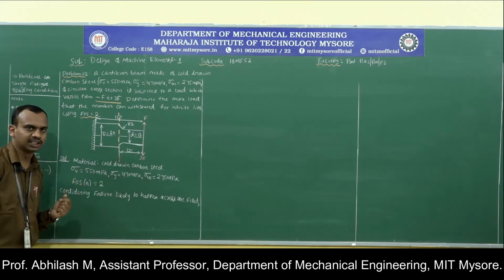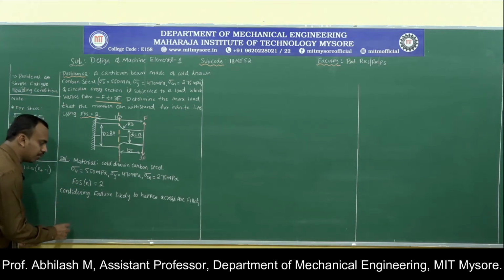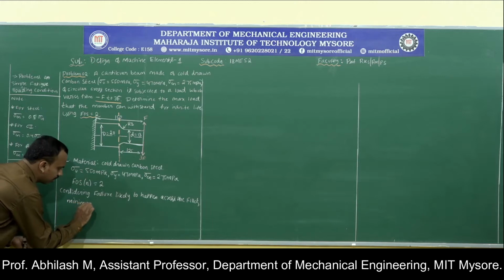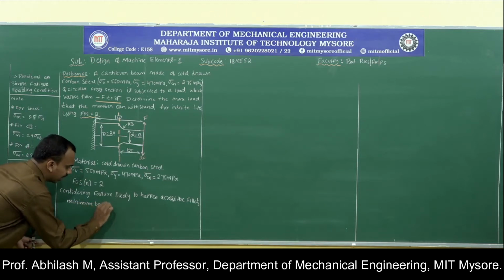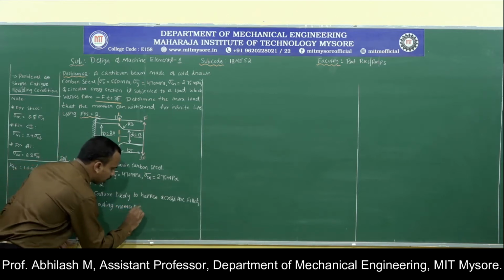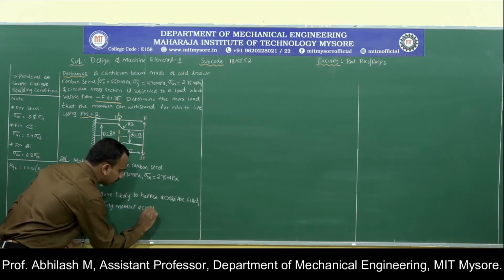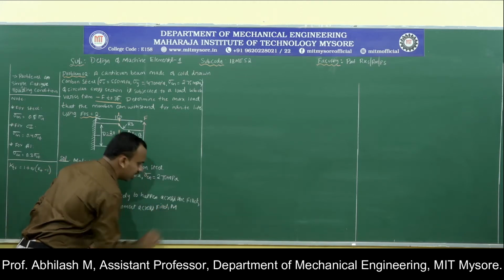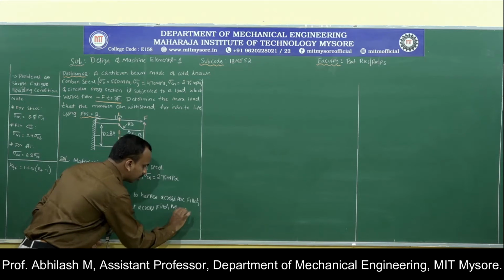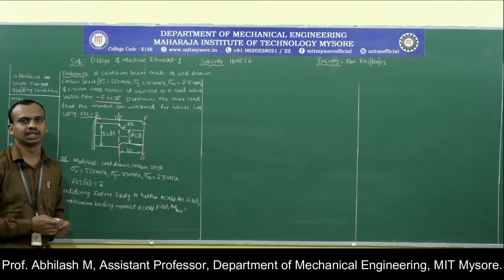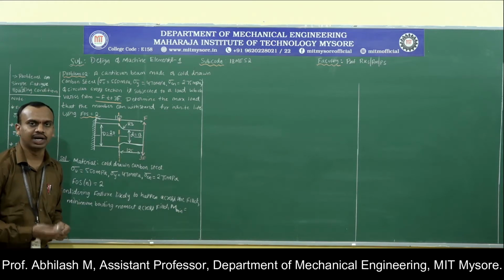First I will take up the minimum bending moment across the fillet, that is, the bending moment M. M minimum is equal to the force into its perpendicular distance, which gives us the value of the bending moment.